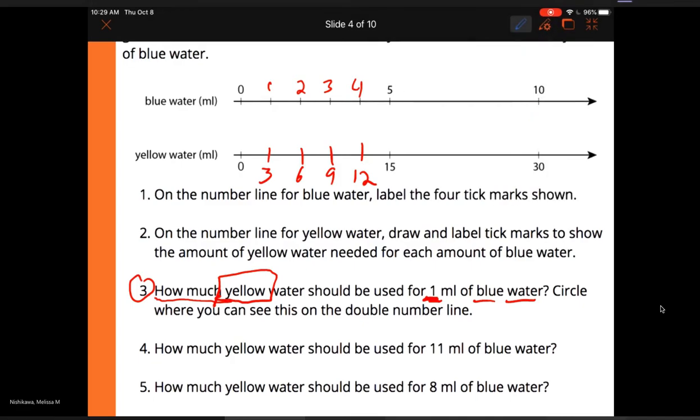And we're going to circle where we can see this on the double number line. So I need to find out, this is my question, how much yellow water. So looking at my yellow water, I'm not sure yet. So question mark. But I know I need 1 milliliter of blue water. So I'm going to circle that here. That is at our first tick mark. So that is where you would see it. So our answer would be 3 milliliters of yellow water.